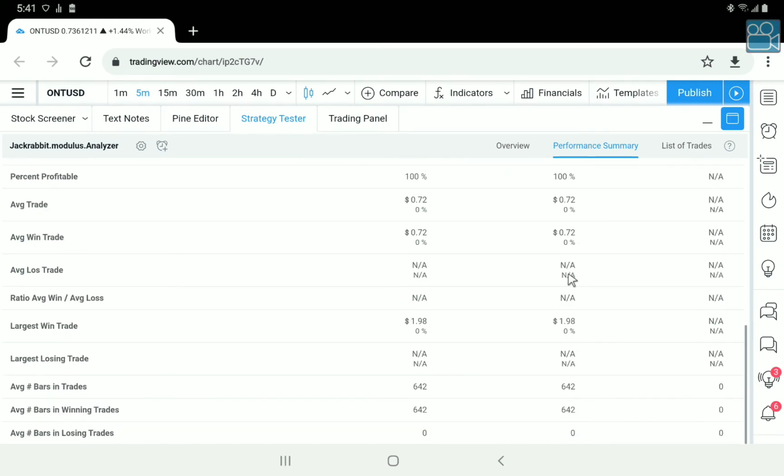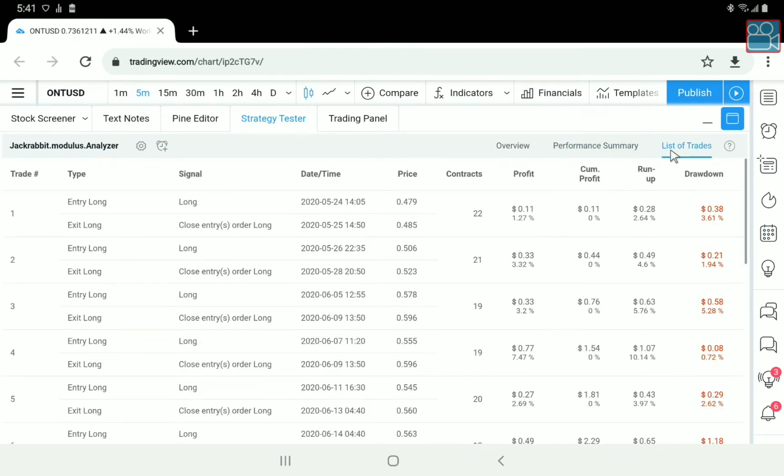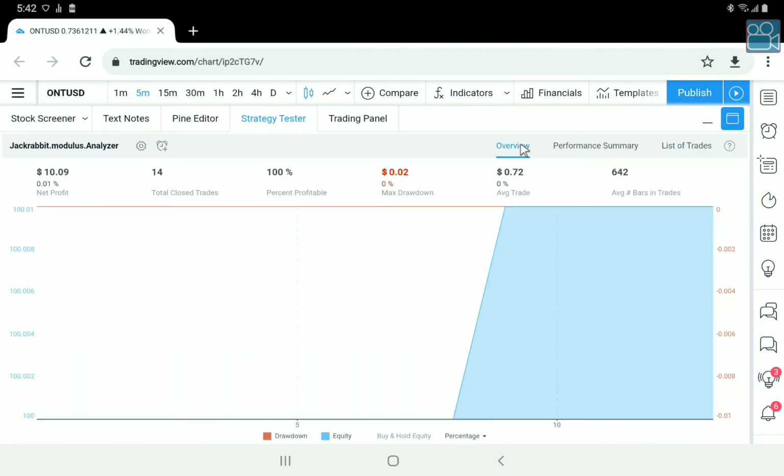But I would definitely take this to a paper trader and actually test it to see if it performs as well as these numbers show. This is pretty nice, actually. I actually don't know if I can improve this any.